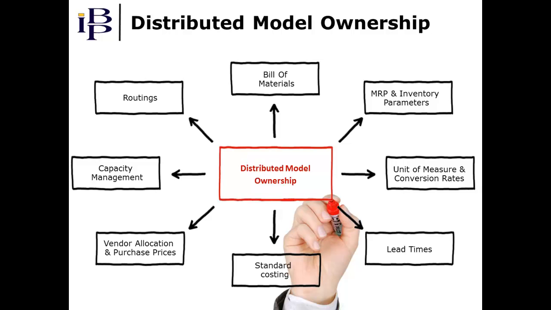For example, a buyer that works with a single vendor might be responsible for maintaining vendor allocations, pricing, lot sizes, and payment terms. And there may be 50 other buyers doing likewise for other vendors. Outside of buying, there could be hundreds of others maintaining other parts of the model. The point is that finance doesn't need to do this. The model structure provides the means to share this responsibility for maintaining the model with operations.